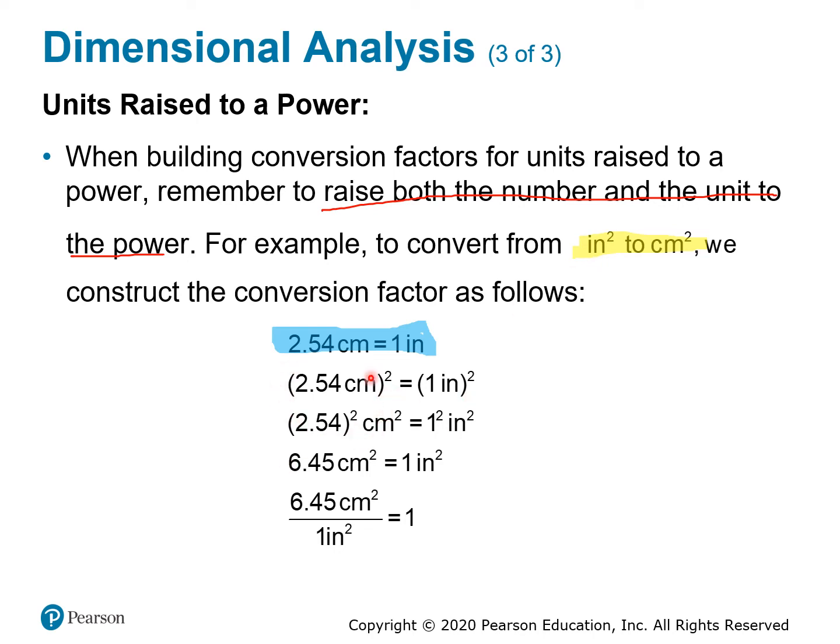The whole number raised to 2 and 1 inch raised to 2. So then it becomes 2.54 squared centimeters squared, which will be 1 squared inch squared. And that's how you will use your conversion factor. So this is what I meant by units raised to a power.